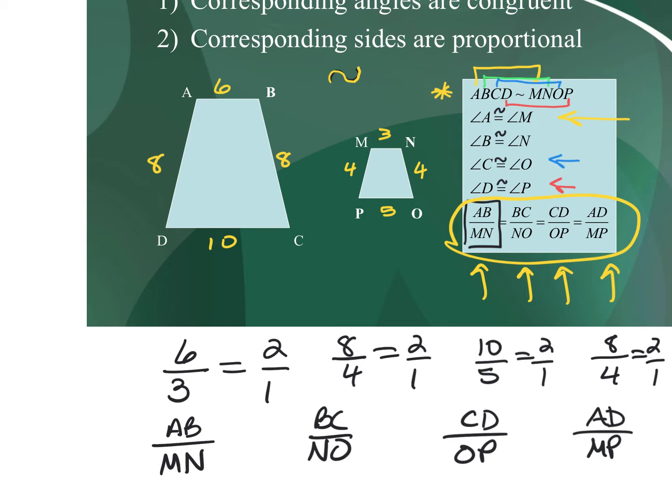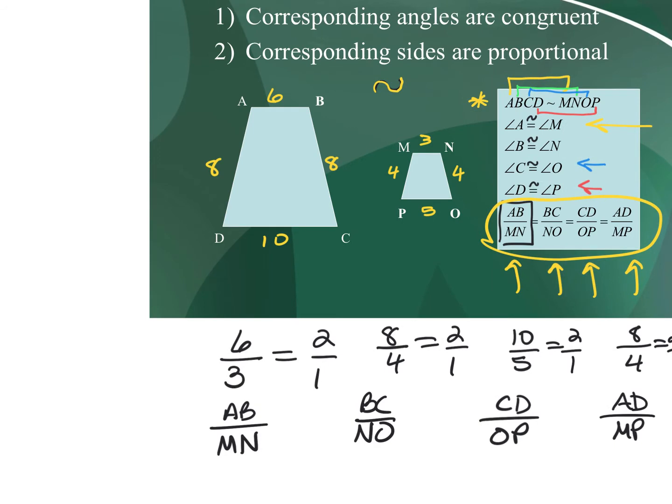Now, what we're also going to see coming up is a scale factor. And what you would do is take the ratio and come up with a scale factor, or what did they do to the first polygon on the left to make it turn into the polygon on the right. So if you think about it, what they did here to the 6 and the AB to make it turn into MN, it looks like they divided by 2, which is really multiplied by a half.